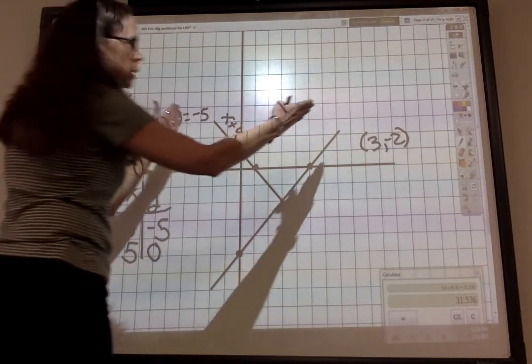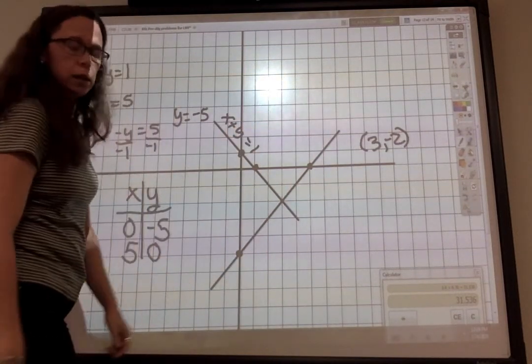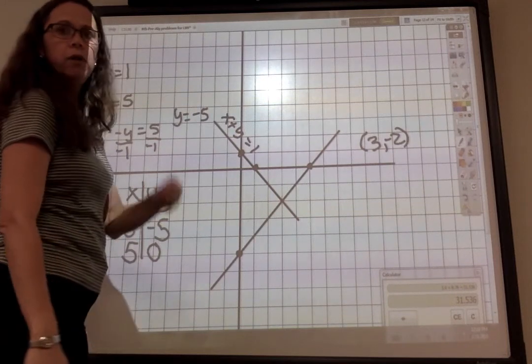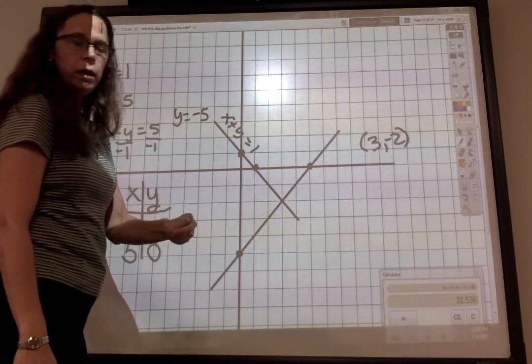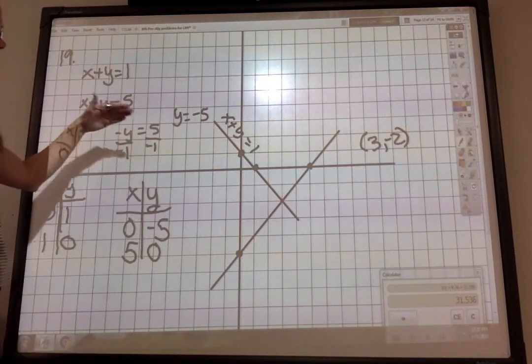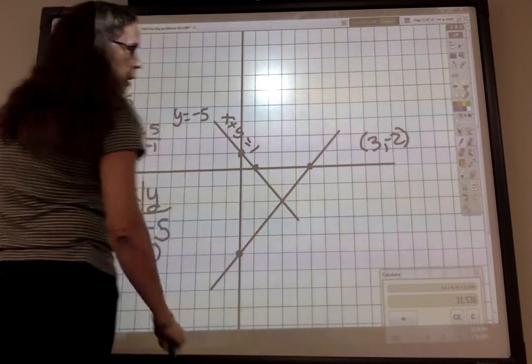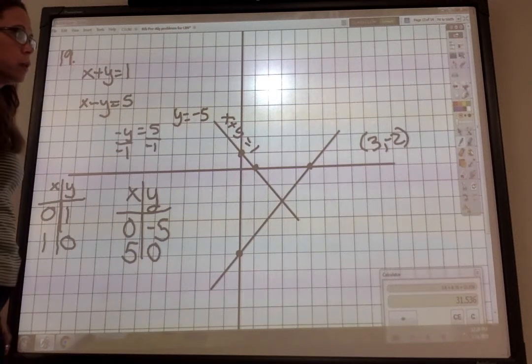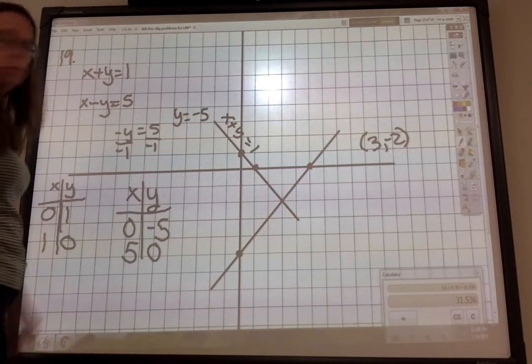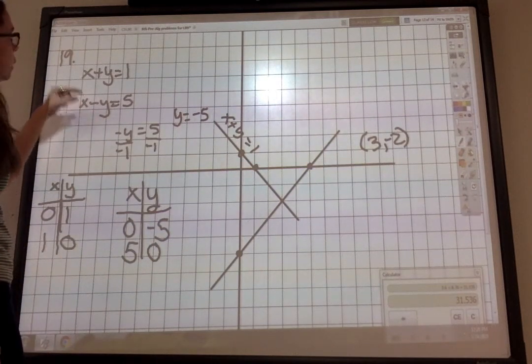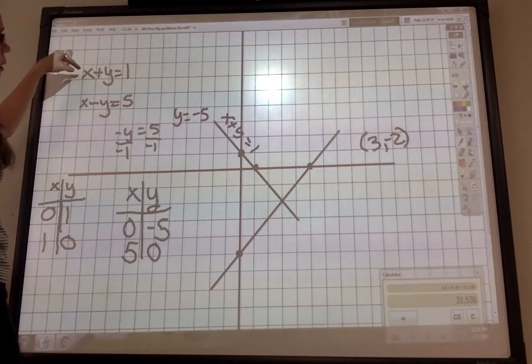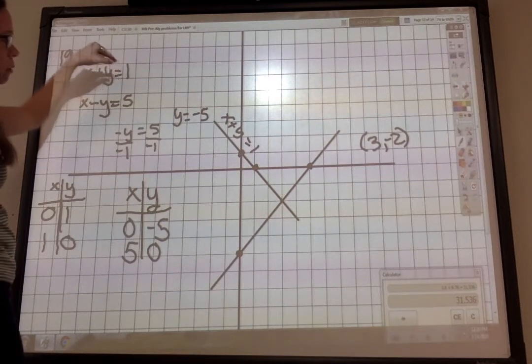So like we did yesterday, we're going to see where they intersect. The point where they intersect is the value for x and the value for y. That is true for both of these. These lines intersect at 3, negative 2. So if x is 3 and y is negative 2, both of these equations are true. If x is 3, 3 minus 2, does that equal 1?